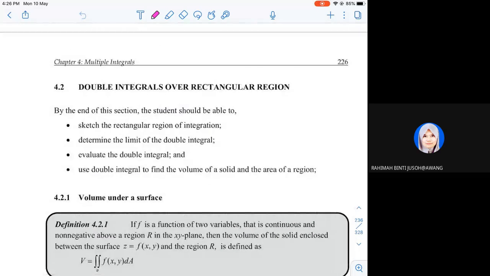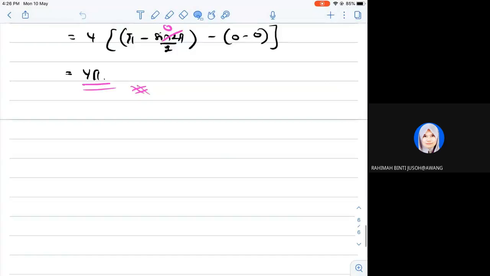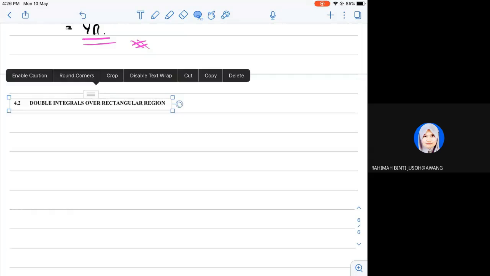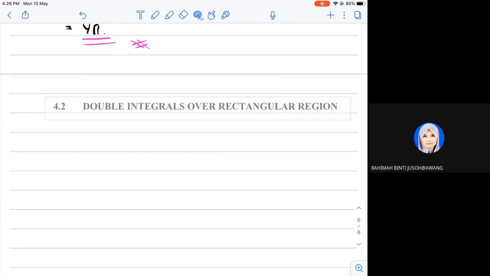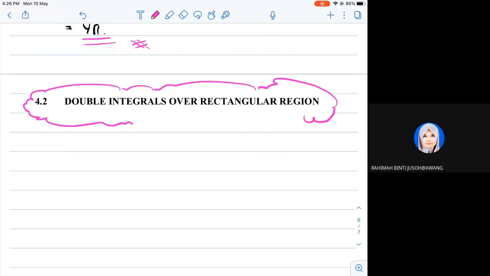So let us proceed to topic 4.2, double integral over rectangular region. Okay, so basically for this case, all limits are constants because it is rectangular region, kan?